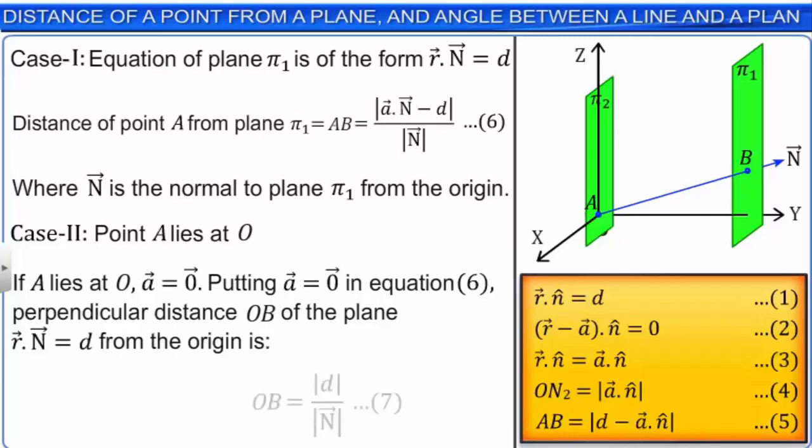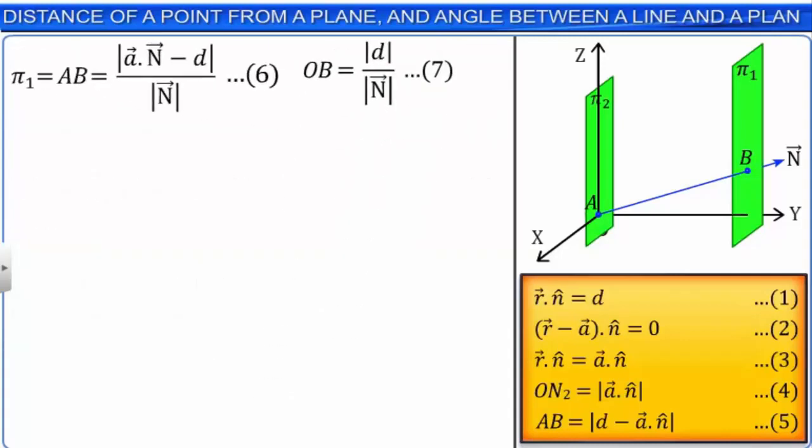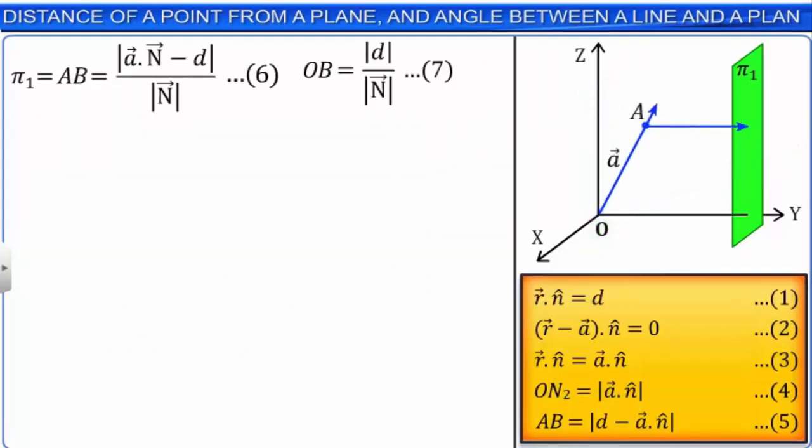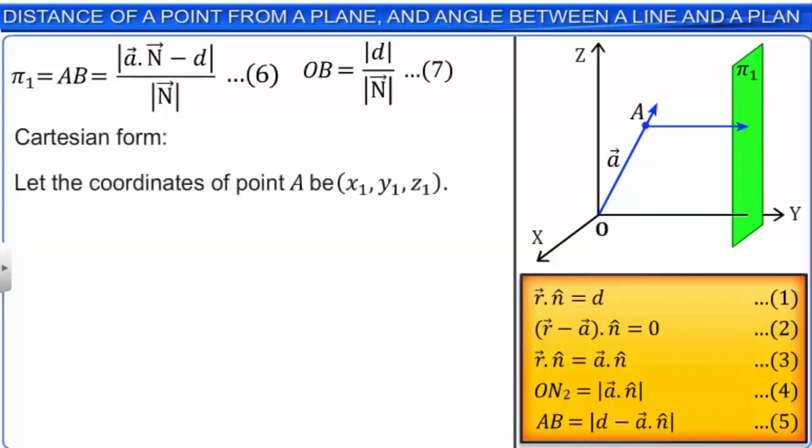Now, let us derive the equation for the distance of point A from the plane pi1 in Cartesian form. Let the coordinates of point A be x1, y1, z1. Thus we can write the position vector of point A as shown.